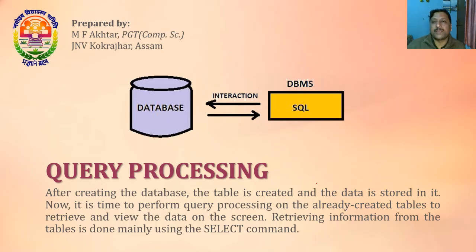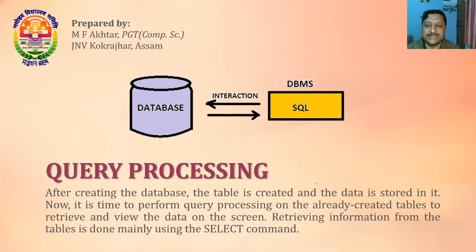Now we have come to query processing. In the previous section we have learned DDL commands, data definition language commands. Now we have come to DML commands, data manipulation commands. Data manipulation commands include query processing commands.